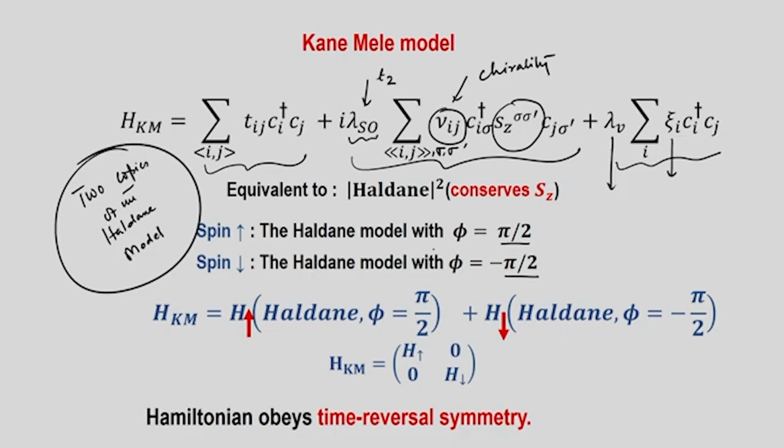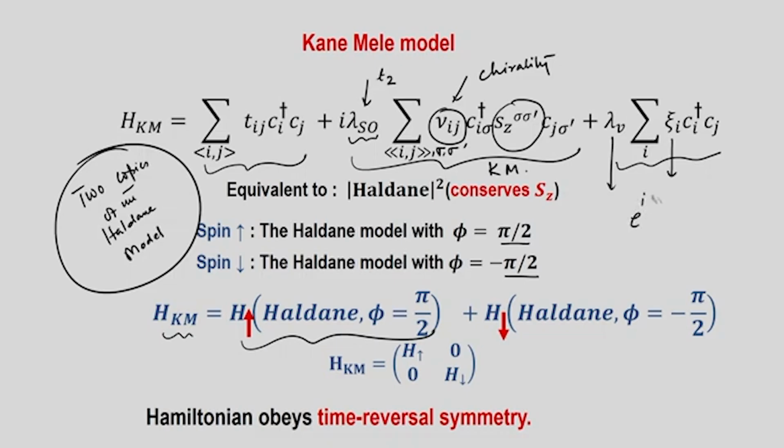Okay. So, this is the Haldane model with flux pi by 2 for the spin up, and for spin down it is minus pi by 2. So, this is called a Kane-Mele term. This Kane-Mele term is actually the up Haldane Hamiltonian for phi equal to pi by 2. Phi is the flux, and the phase is exponential i phi.